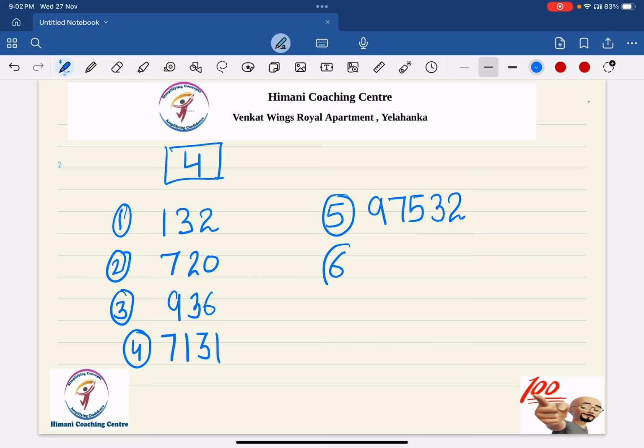Okay, and let us write one more number. Let me give you a smaller number now.